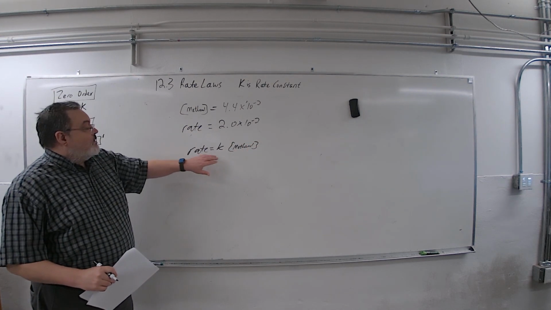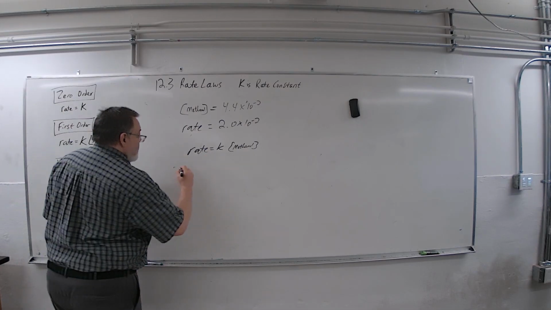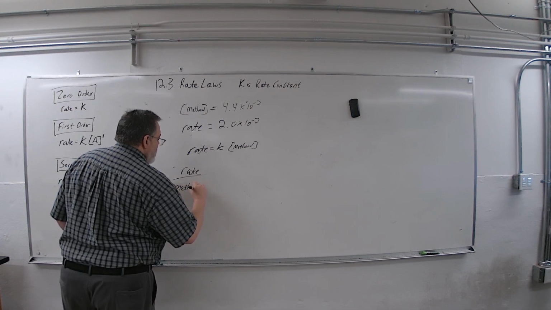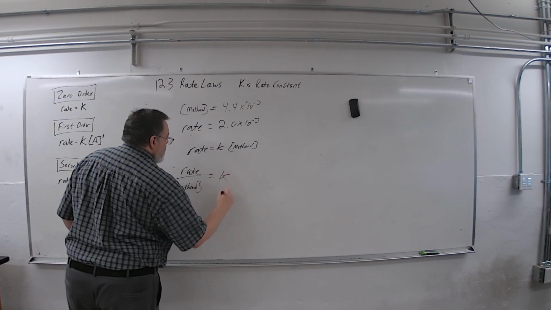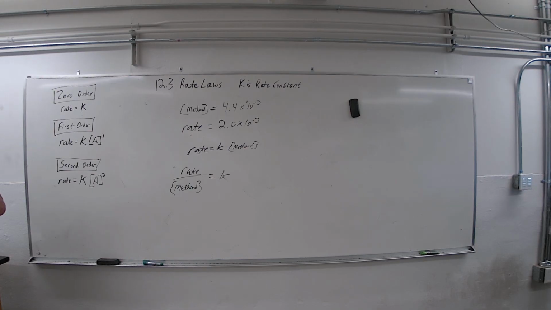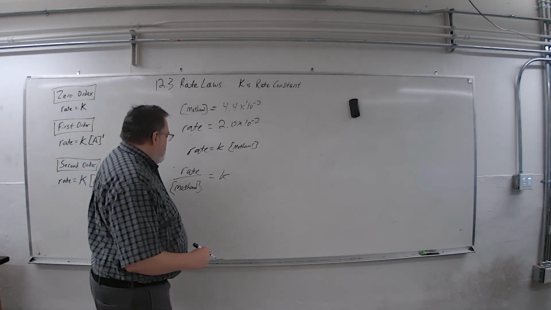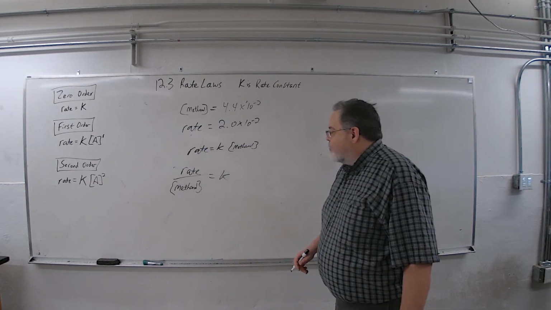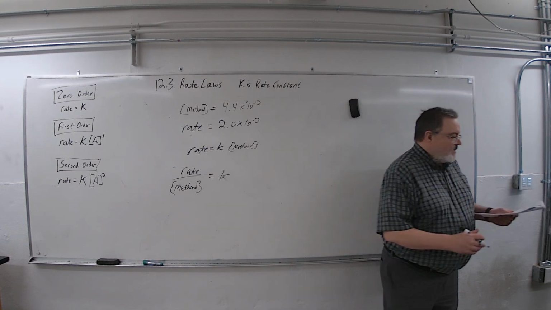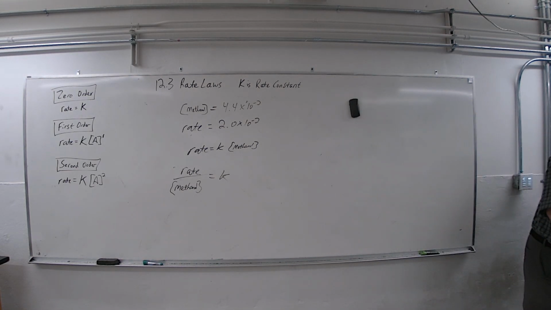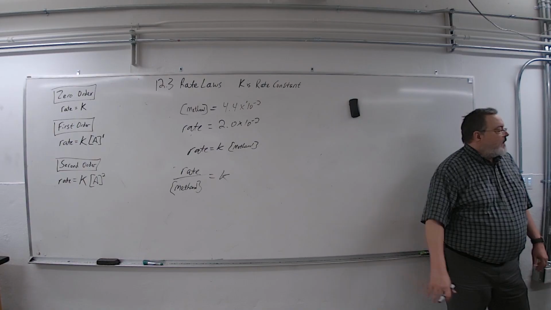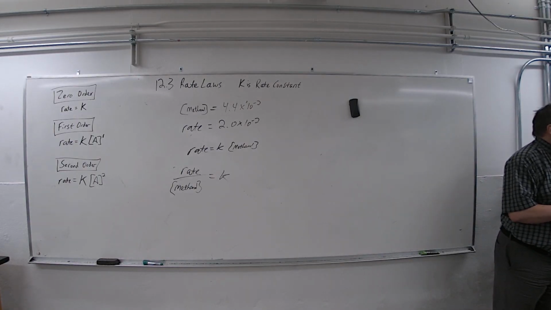So you plug in methanol, you plug in rate, and you solve for K. K is supposed to have units. I'll come back to the units. If you see the math now, we can figure out the order, then you know which one of those equations you're supposed to use, and you just plug and shove. You okay with that?